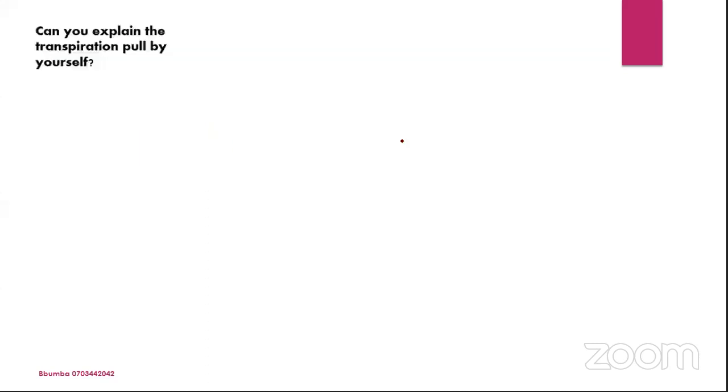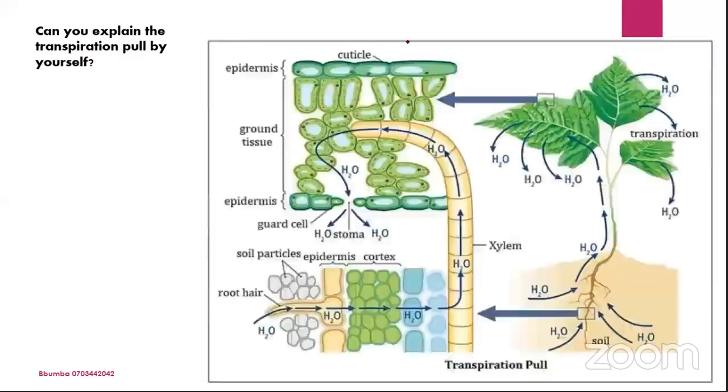So we can continue. Now, if you have understood, can you explain transpirational pull by yourself? Such a question can be examined in paper 2. And this is the summary which you must know of what actually happens.